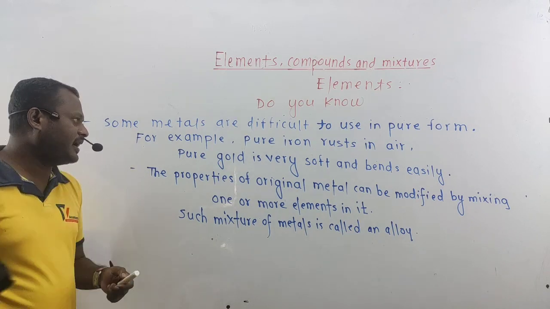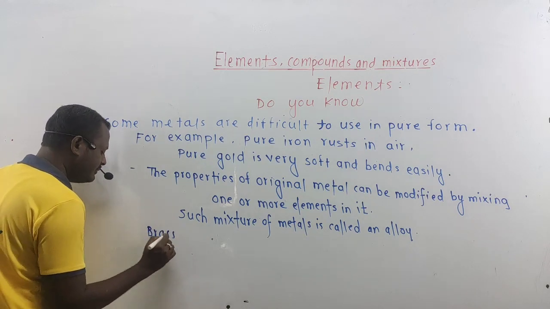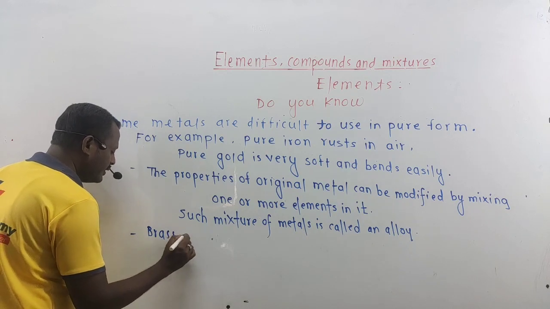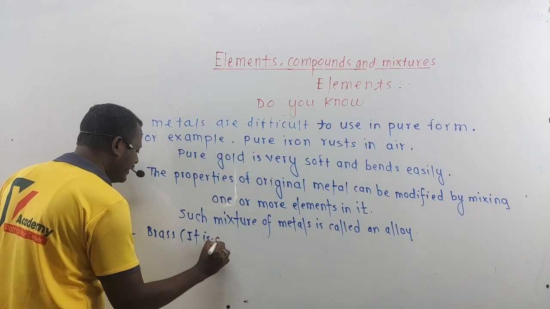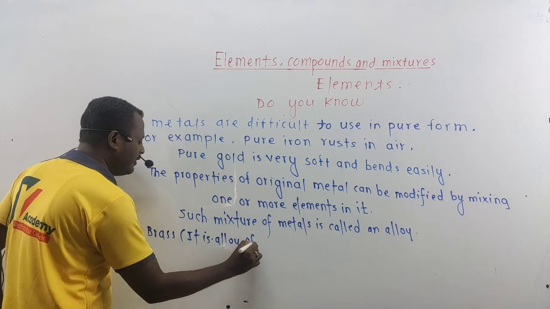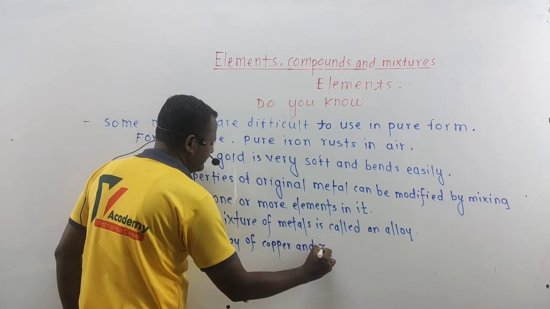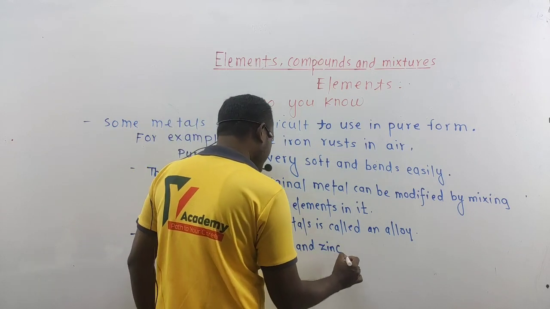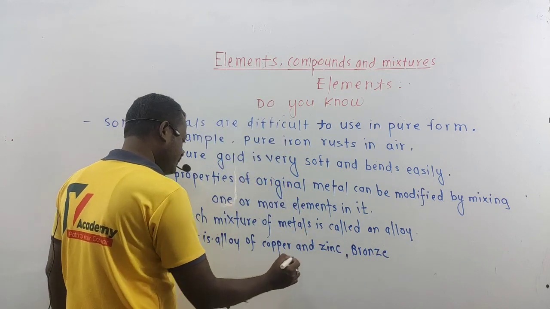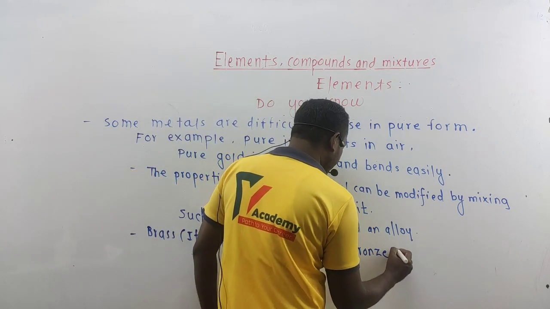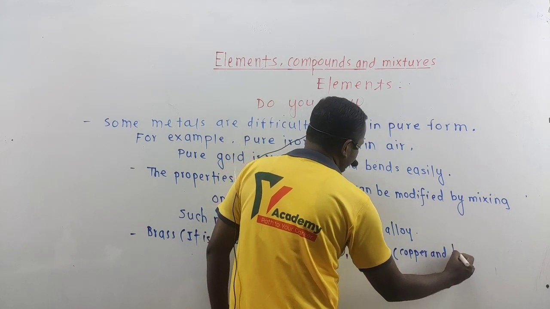Brass is an alloy of copper and zinc. Then bronze, it is an alloy of copper and tin.